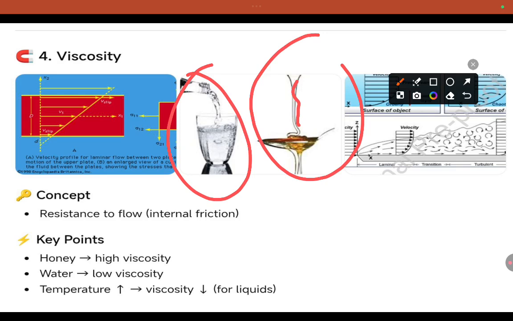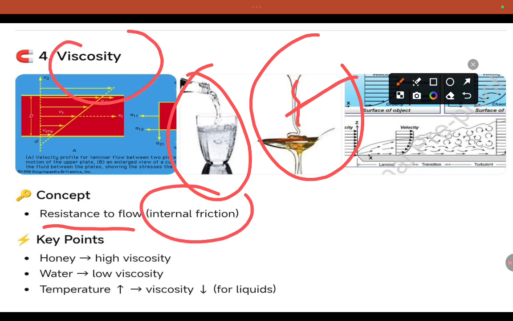This resistance to flow, or internal friction, we call viscosity. The property of resistance to flow is known as viscosity.